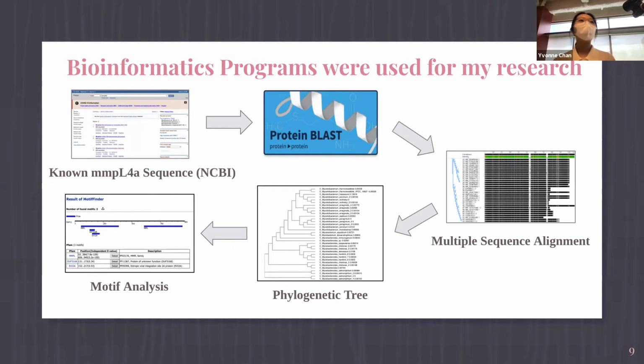I was looking for homologs among the sequences, which are genes that originated from the same ancestral sequence and therefore are evolutionarily related to each other. Finally, I performed a motif-based sequence analysis using MultiFinder to analyze individual sequences in depth.